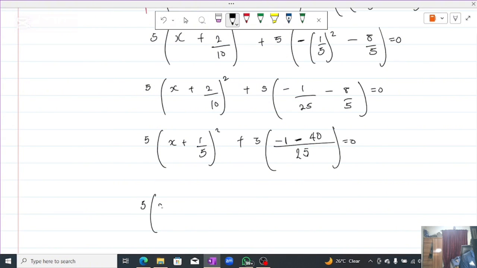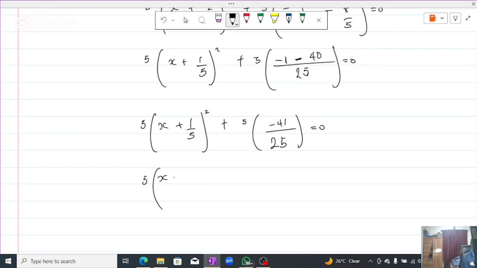So you have 5(x + 1/5)² + 5 in bracket of -41/25, then minus 5 here, 1, 5 here, that will give us a 5 if you check it very well. Then what is the next thing? I have -41/5 = 0.